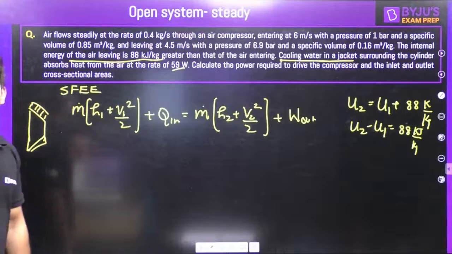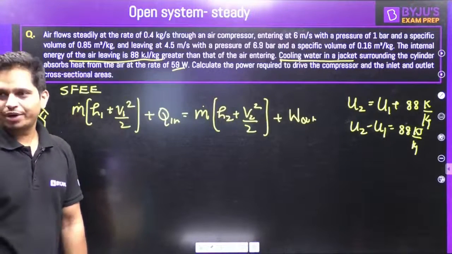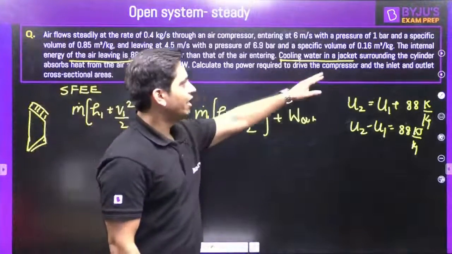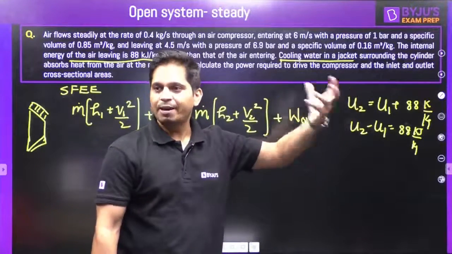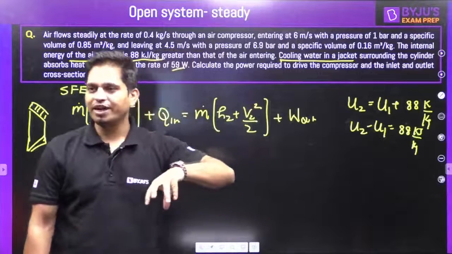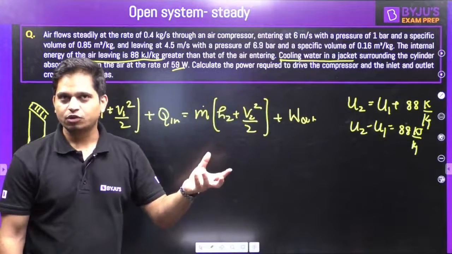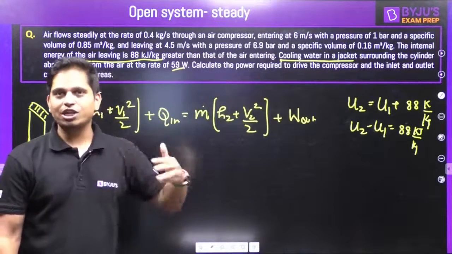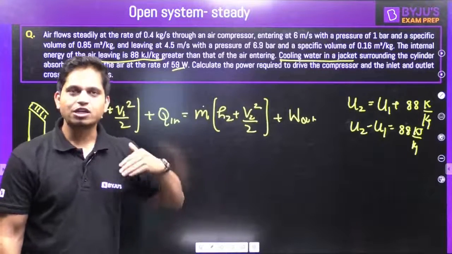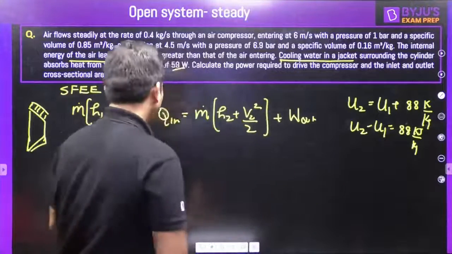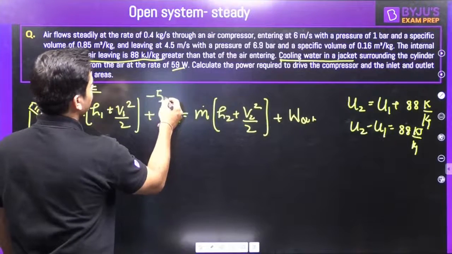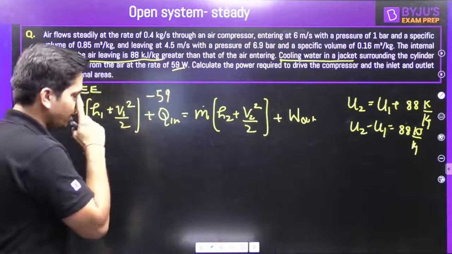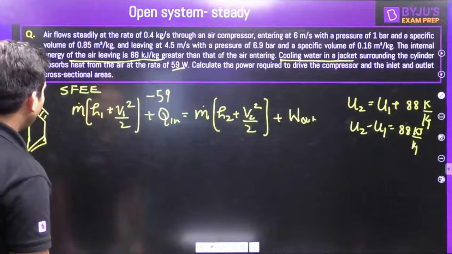So this heat is going out of the compressor. Cooling water in a jacket that is surrounding the compressor cylinder absorbs heat. So what is absorbing heat? Cooling jacket. But how is this heat coming from the compressor? So this is Q out. So this would be minus 59.